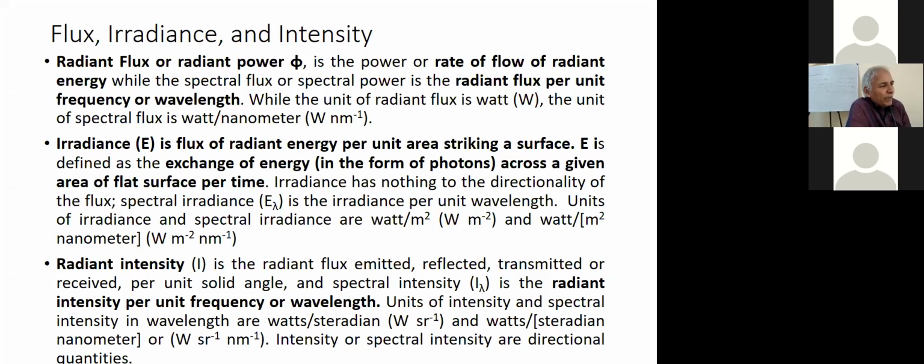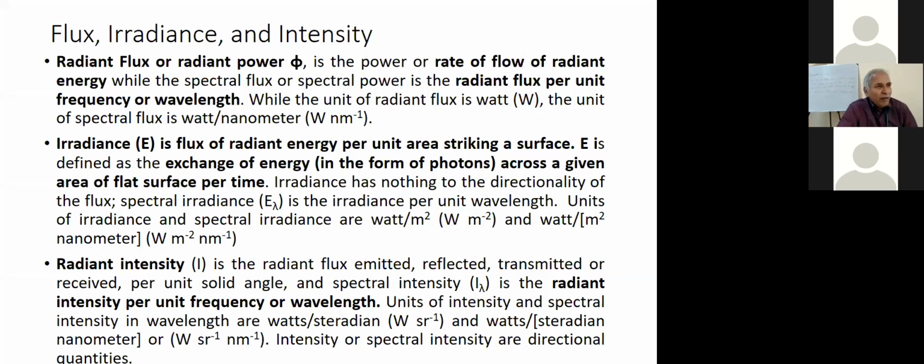So when I say spectral flux or spectral power, what I mean is radiant flux per unit frequency or per unit wavelength. In most situations, we normally use per unit wavelength. So the unit of radiant flux is watts, and the unit of spectral power or spectral flux is simply watts per nanometer or sometimes watts per micrometer, depending on how it is more convenient to use either of them.